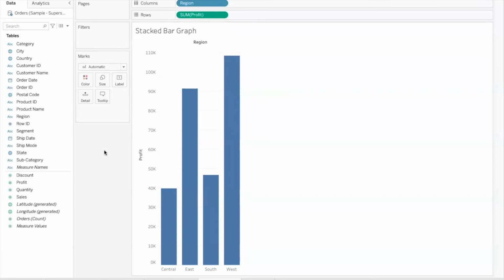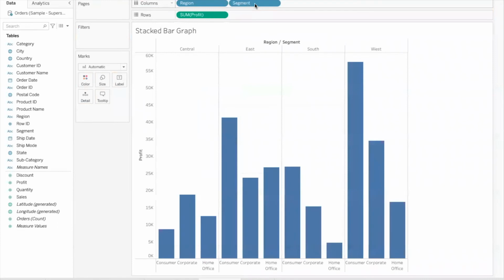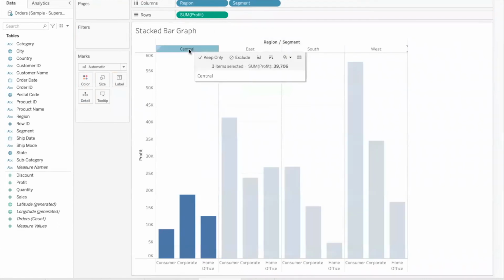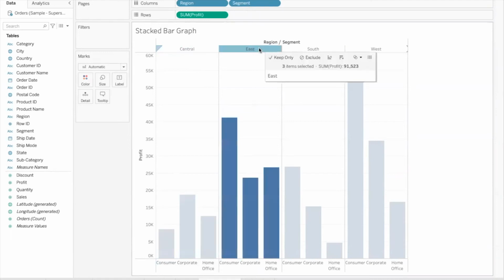Now I want to show it by segment. If I take segment and place it next to the region pill on the columns shelf, under each region it shows us the profit from various segments: consumer, corporate, home office. Under East, consumer, corporate, home office.